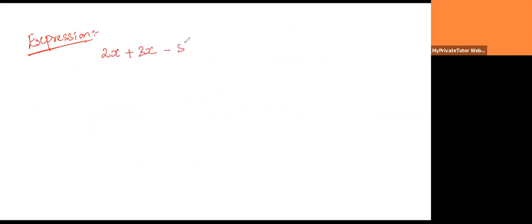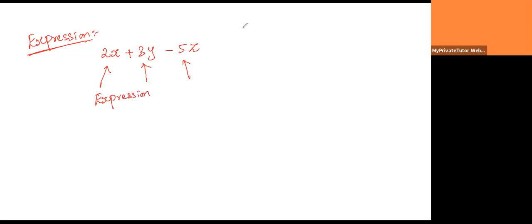Let me take different variables: 2y, 3y minus 5z. You can see that 2y is one term, 3y is a separate term, and minus 5z is a separate term. So the combination of all three becomes an expression, isn't it?